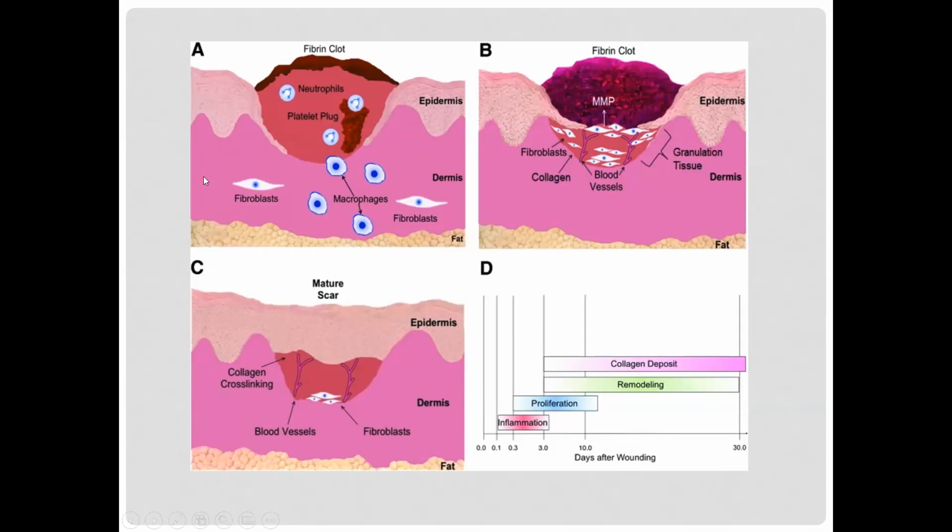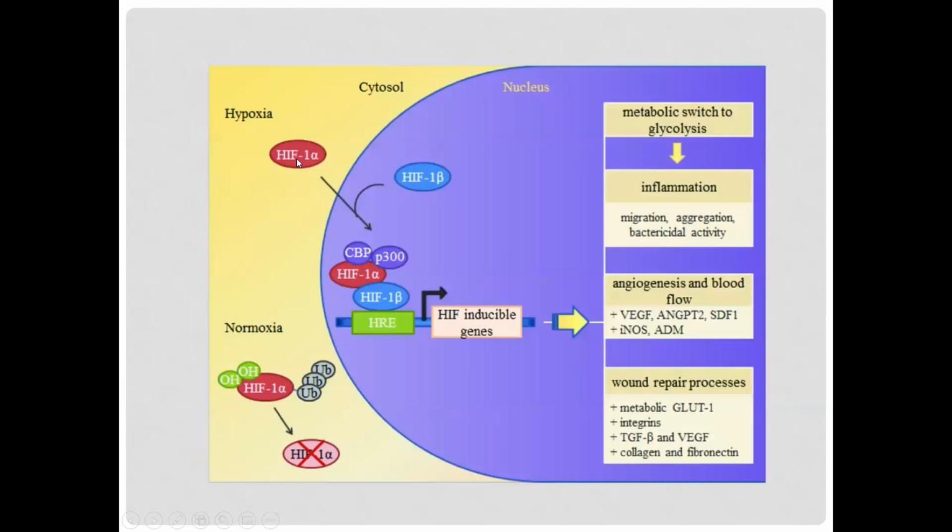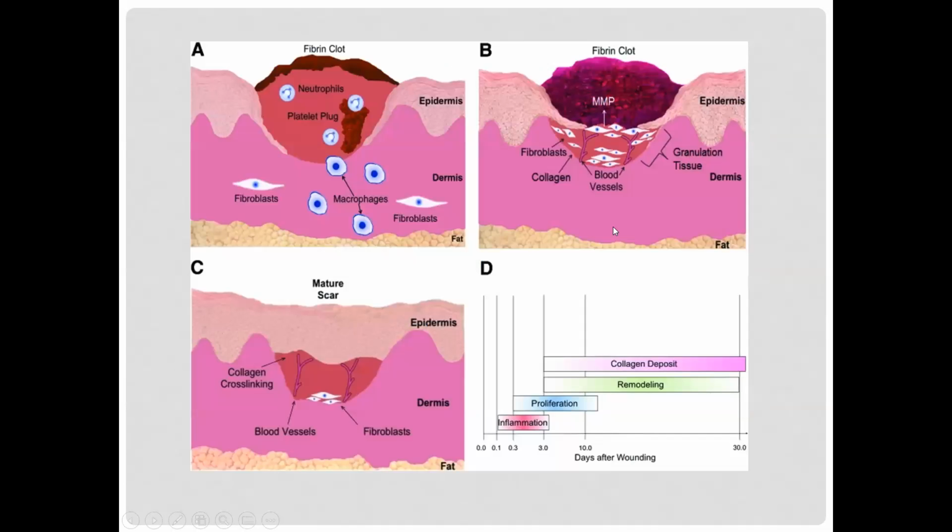The epithelial cells now start to move and migrate this way. Why are they doing that? Well, look at some of the things that were upregulated. Migration, aggregation, bactericidal activity. These cells, therefore, they take the hint. They start to divide, they start to move, they're going to move this way until they properly join.